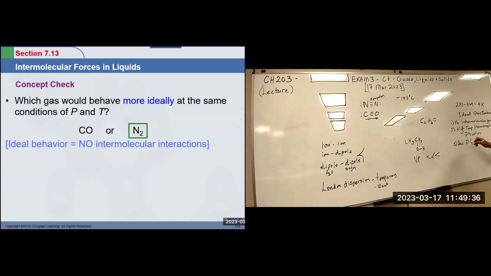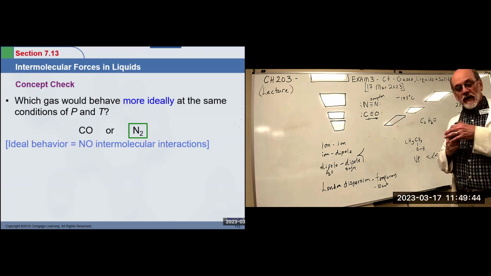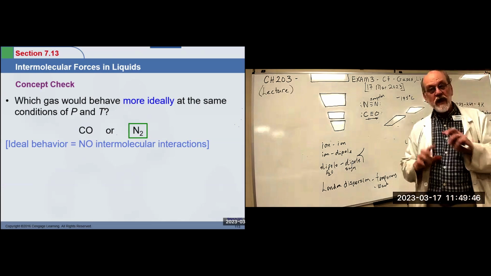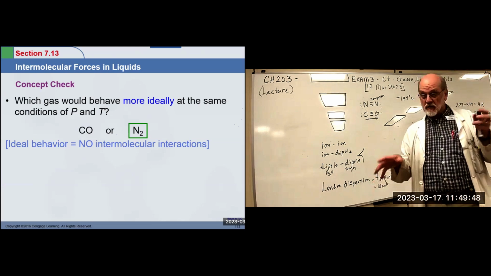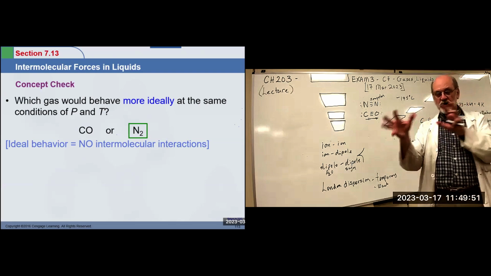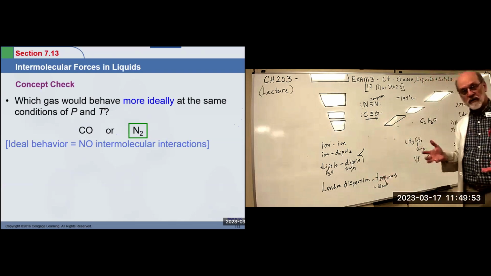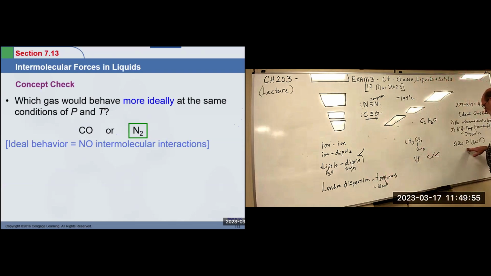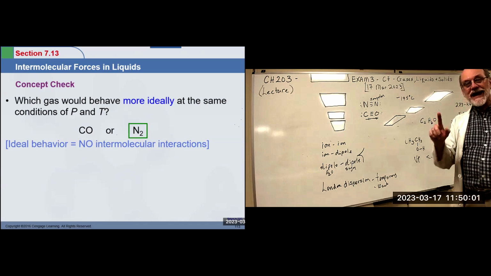And a corollary to that is low moles. Ideal behavior also occurs when there's not much gas there, right? Which means you have fewer molecules to interact. So there's more ideal behavior. So low pressure, high temperature, and no intermolecular interactions means ideal behavior.